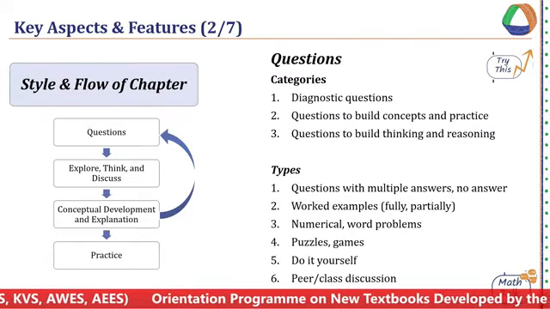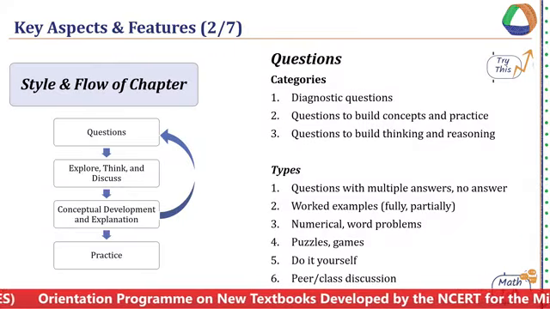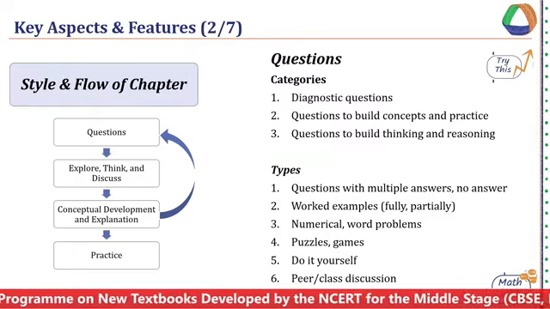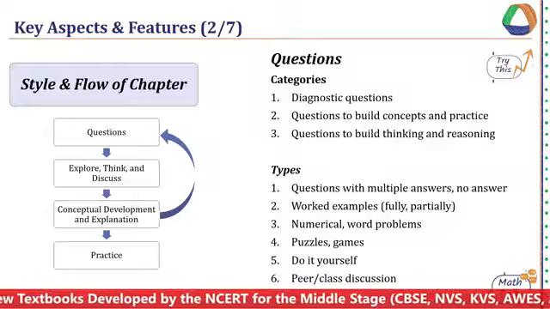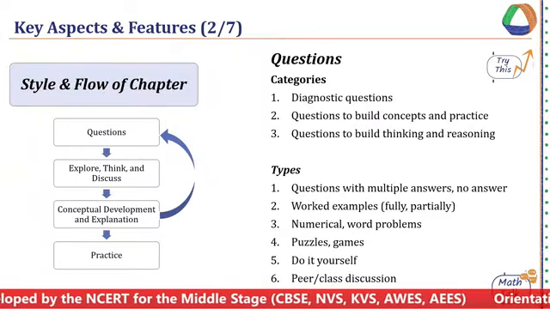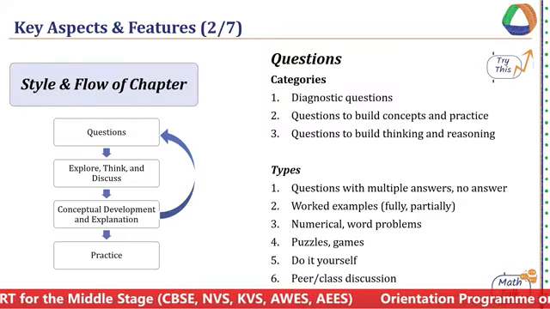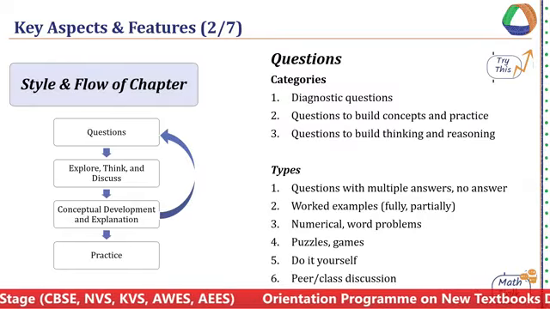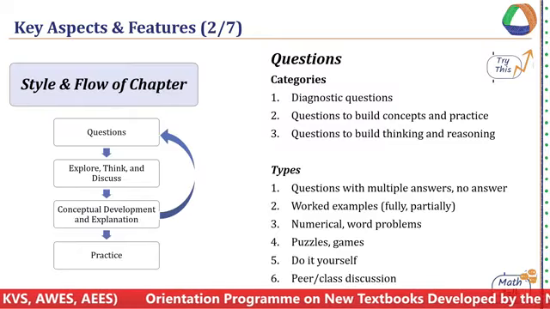So this spiral way of asking a question, talking about it, thinking about it, forming a concept, and then again questioning that concept and moving ahead is happening throughout this book, not only in this book, but in whatever books we are going to develop now, and whatever book we have developed in class 6 also.